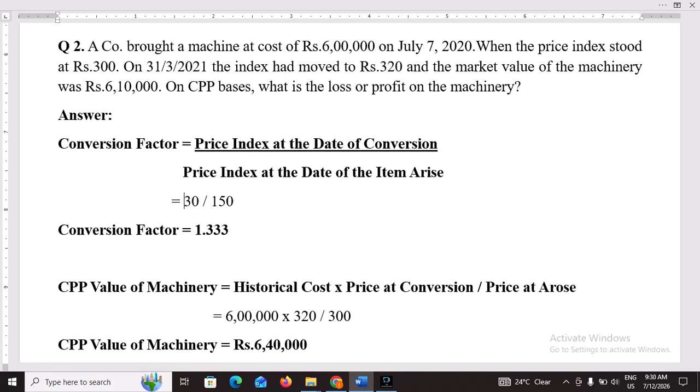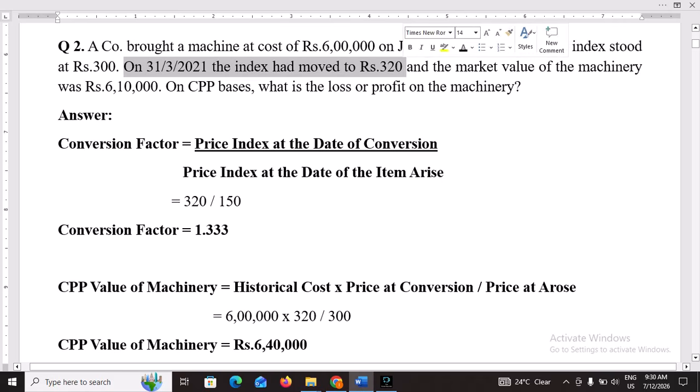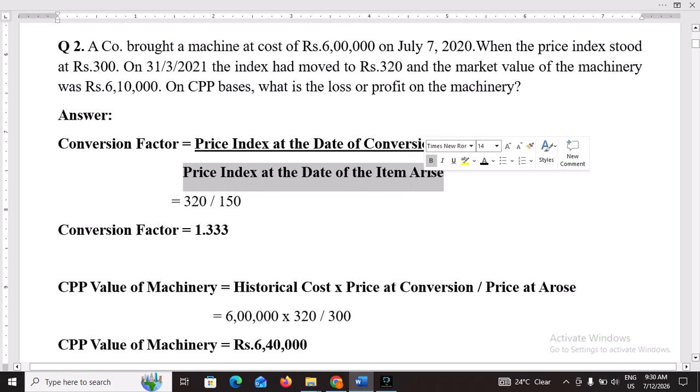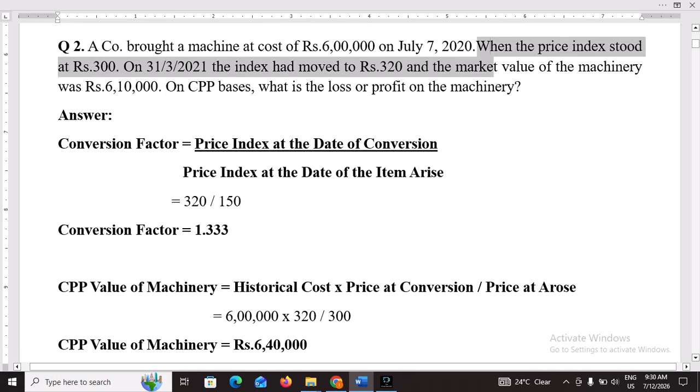So write 320, divided by the price index at the date the item arose. When the price index stood at rupees 300, this is the price index at the date the item arose.